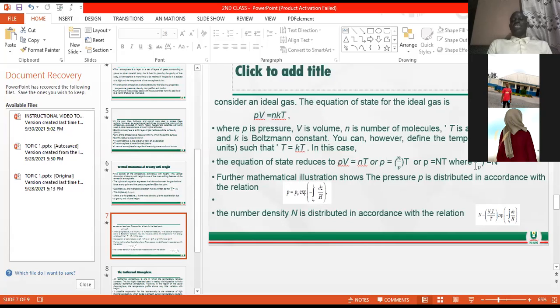Exactly, they actually find the, what it's called? What they did was nt over n will give us, that's what we have, this expression here, exponential equation here.